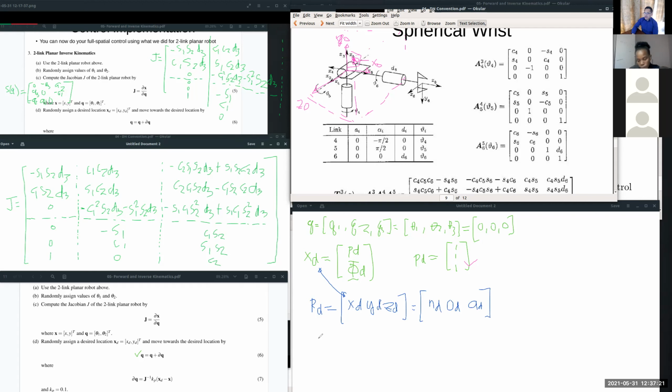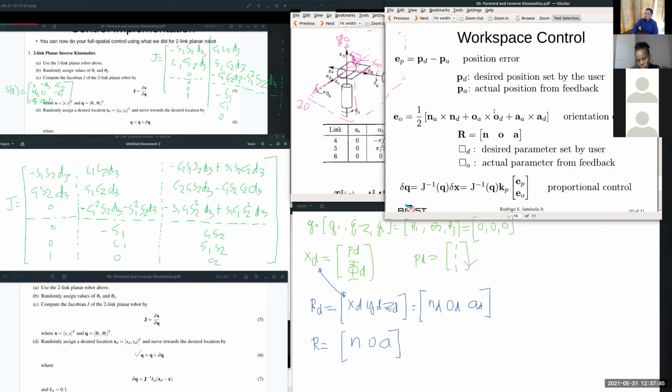Of course, if you have a desired rotation, then we have the actual orientation. So now you have N, O, and A without the subscript. That's the actual value. For us to compute the error term, we are going to consider the error in terms of position.